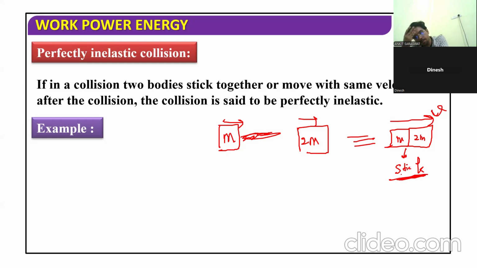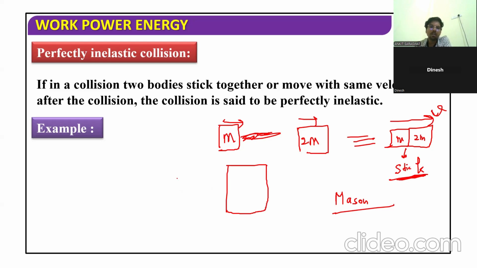You know a mason, when a mason takes a paste of cement and bricks, they form some mixture. They take that and put it on the wall.